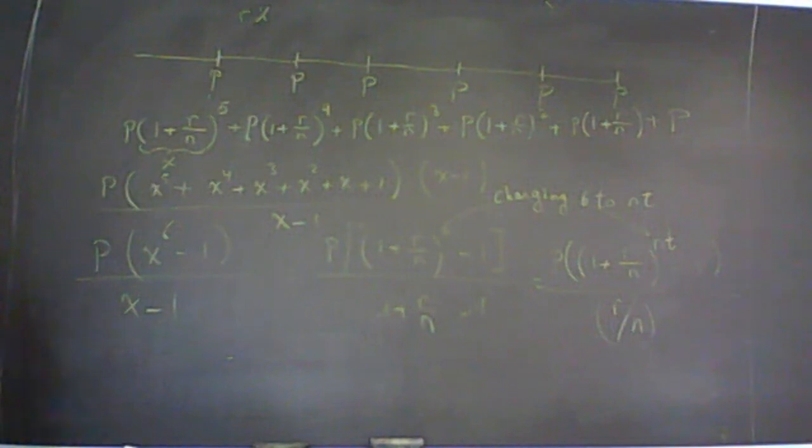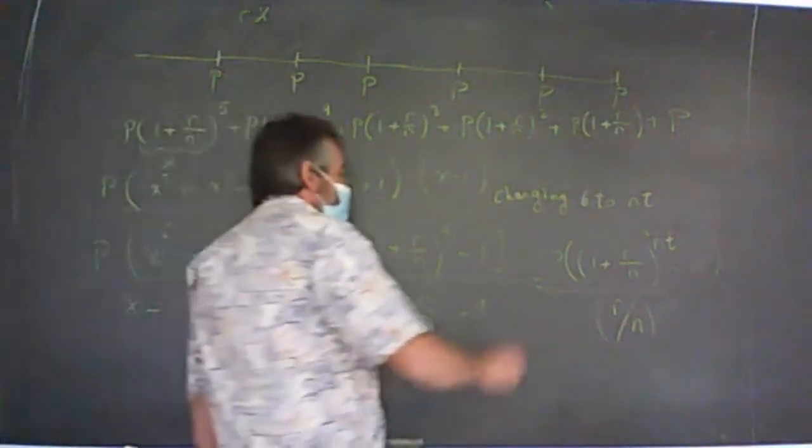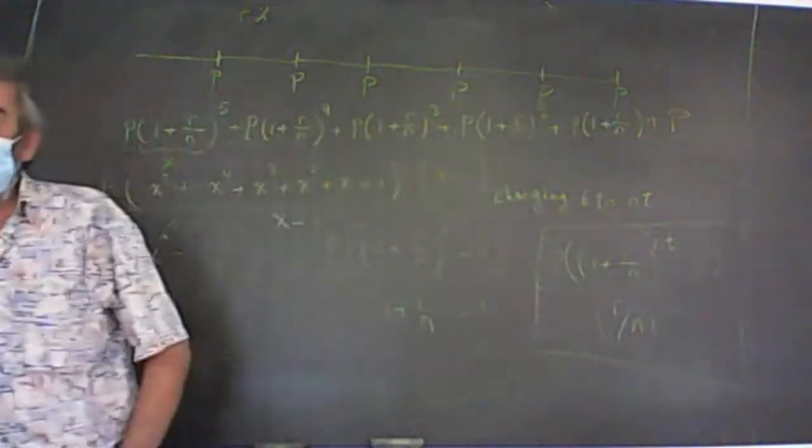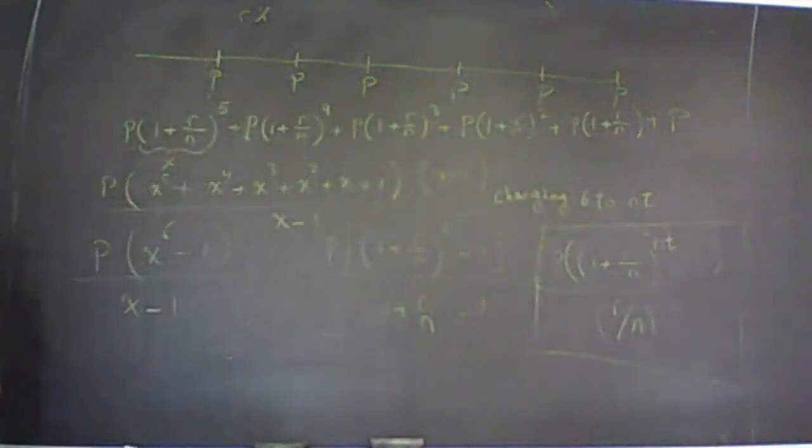And then T would be half a year because it's only for 6 months. Yeah. And this is your future value formula for annuity.